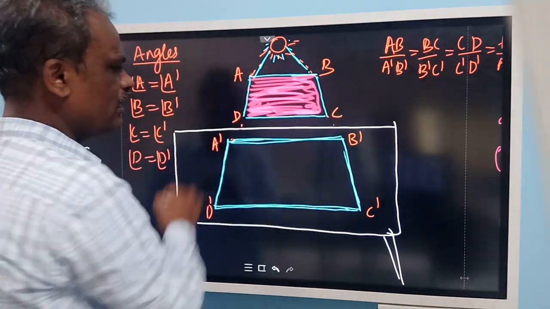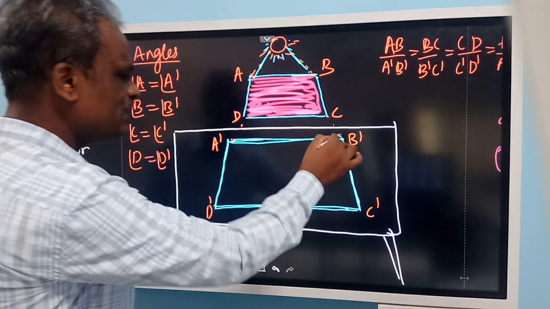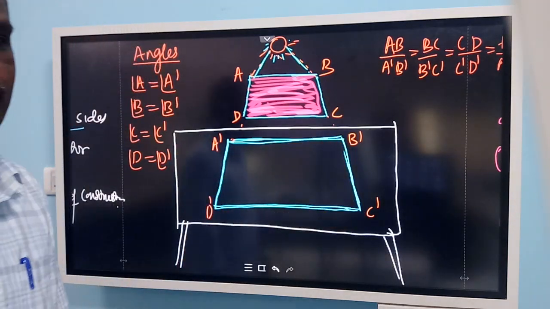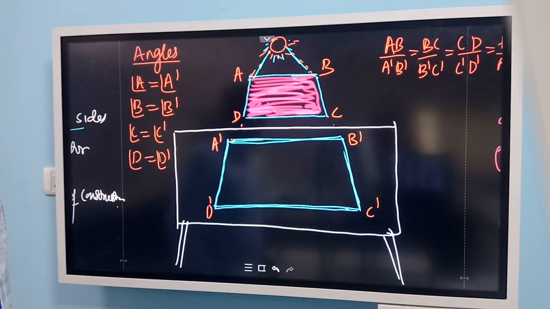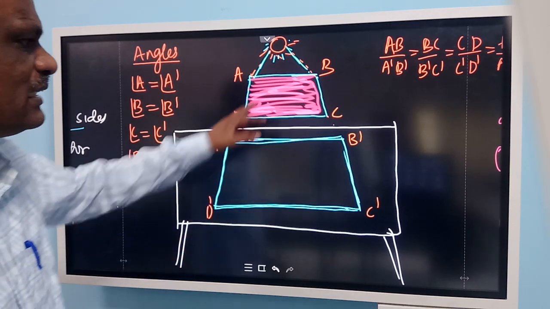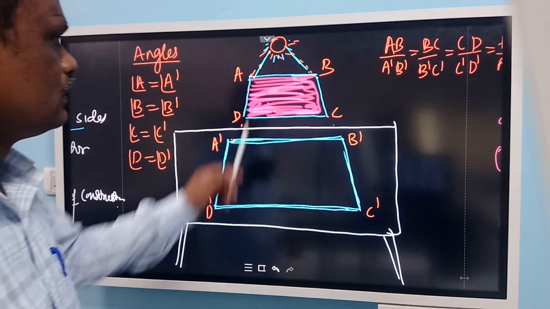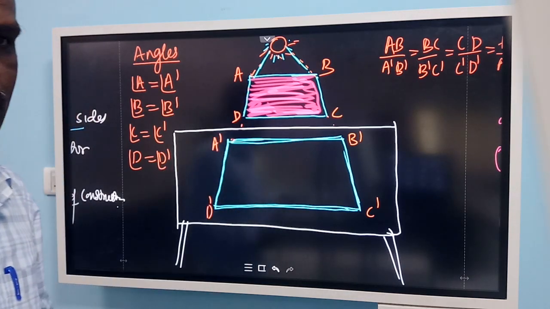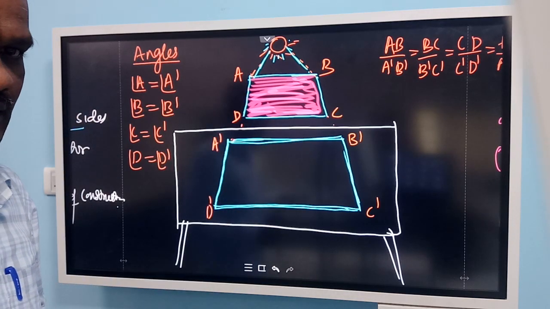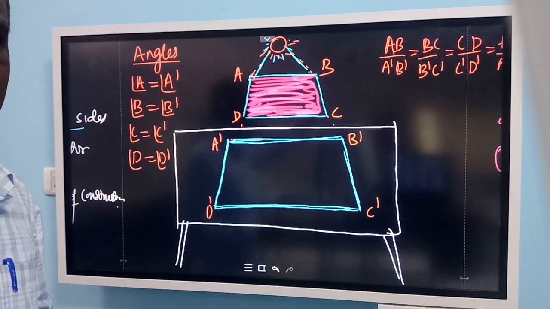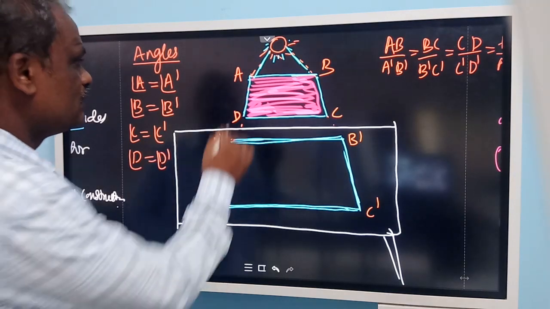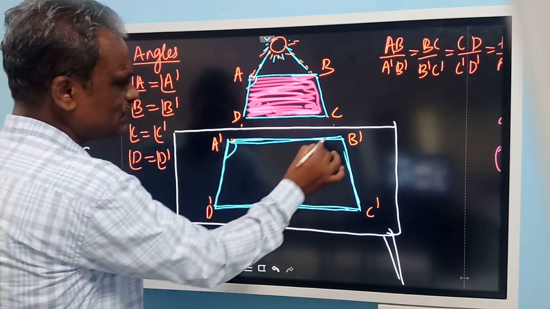ABCD is the cardboard and A dash, B dash, C dash, D dash is the shadow of the cardboard. Now tell me whether they are similar or not. Cardboard and its shadow, similar or not? Similar. The corresponding angles, you can say, they will never change.